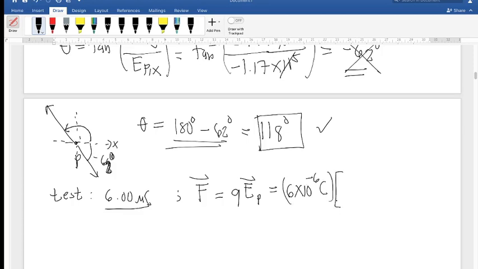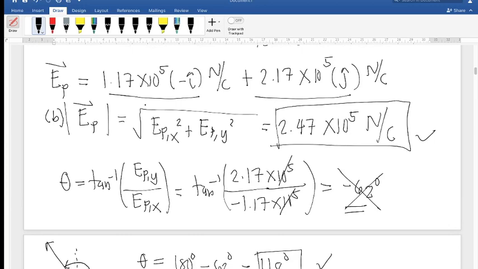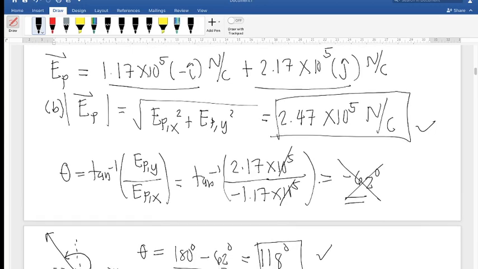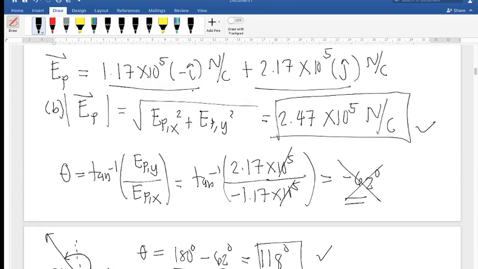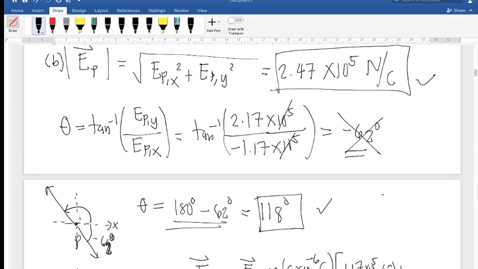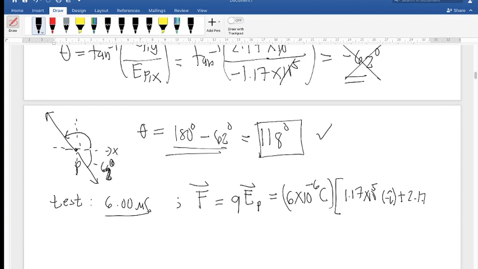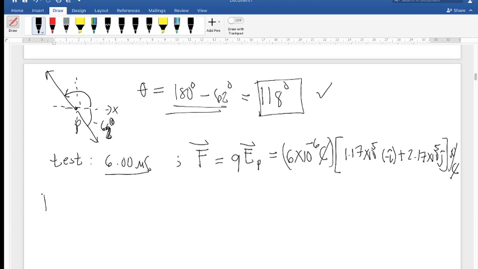Then just multiply it with the vector EP. So we have here negative 1.17 times 10 raised to 5 i hat, plus 2.17 times 10 raised to 5 j hat, with units Newton per coulomb. So cancel coulomb. What's left is, we just have to distribute the terms.